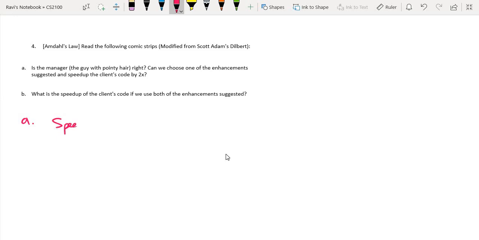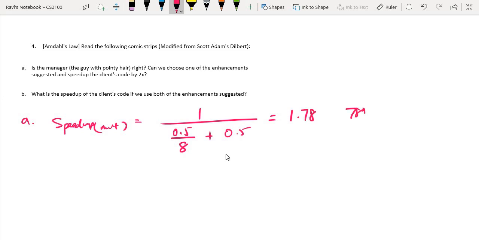If I look at the speedup for multiplication, the way to go about it is 1 over: the multiplication itself takes up 50% of the time, so that is 0.5, and that 50% is now improved by 8 times, and what remains is another 50% besides the multiplication. That gives me 1.78, which is a 78% improvement.